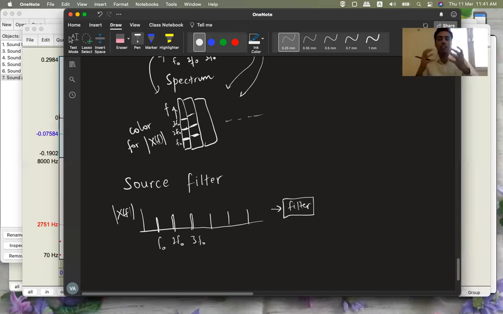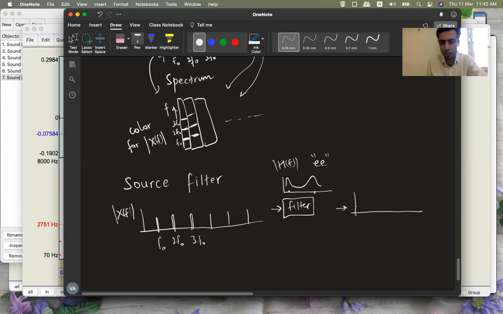It could be the vocal cavity, the oral tract, everything. It induces a transfer function H of F, whose magnitude looks something like this, let us say for an E sound. The first formant is close to about 300 something. The second formant is very far, 2500 something. Then what you get in the output is that this envelope structure will be maintained, and there are peaks like this.